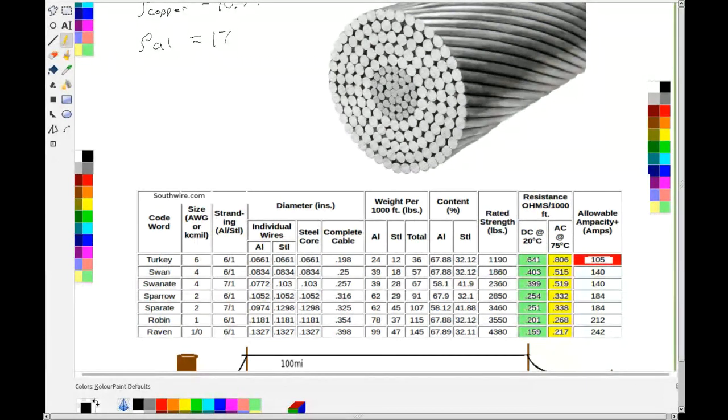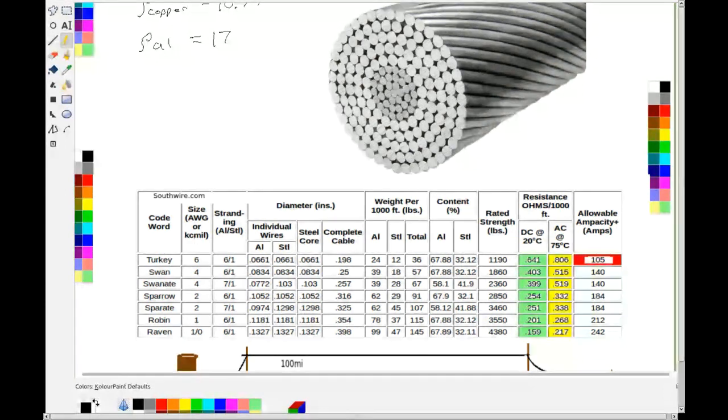So the electrons moving through this wire actually tend to move on the outer edges of the wire more than the center of the wire. And in this case that works for us, because in the center of this wire we've got steel, which has even more resistance than the aluminum portion of the wire.